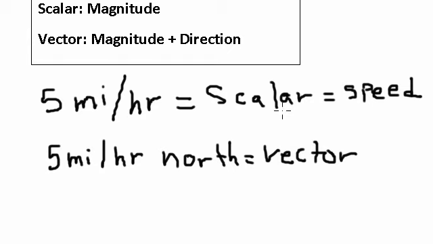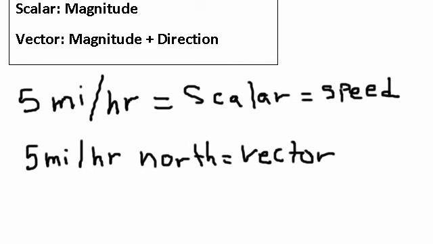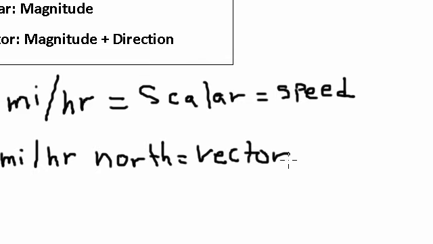With scalars, you only care about the magnitude, meaning the number, only the number. But on the other hand, velocity deals with the speed and the direction. So that's the velocity.